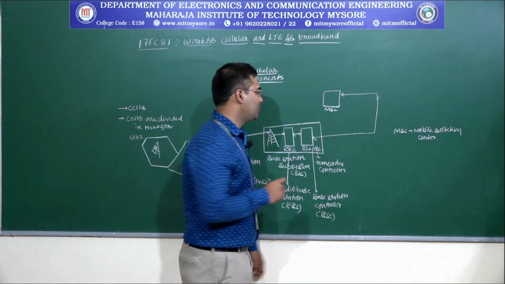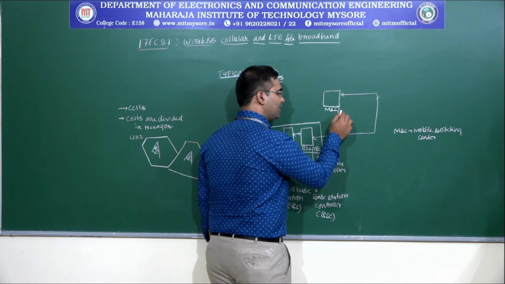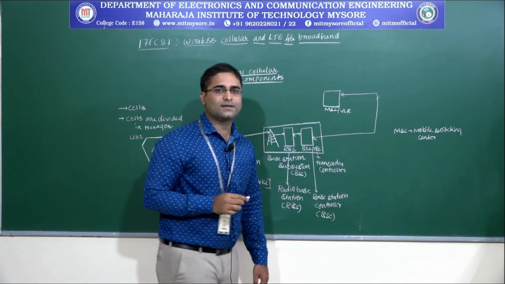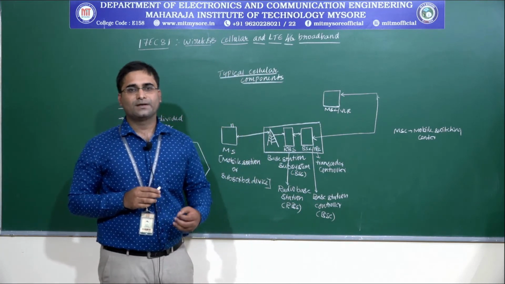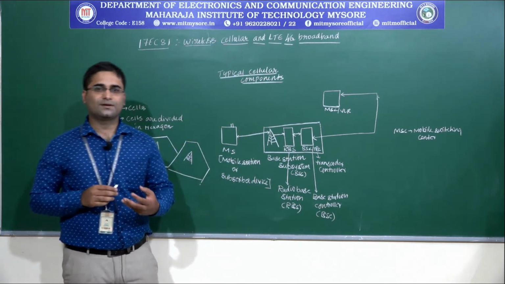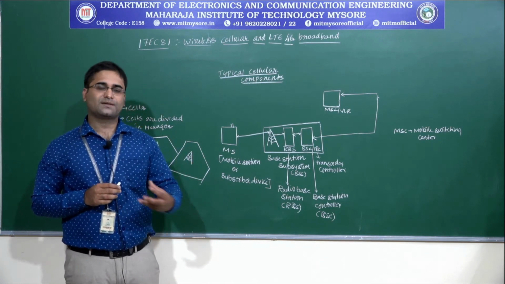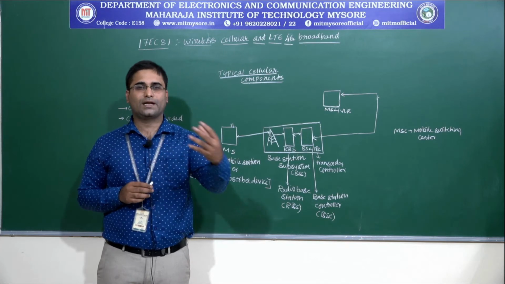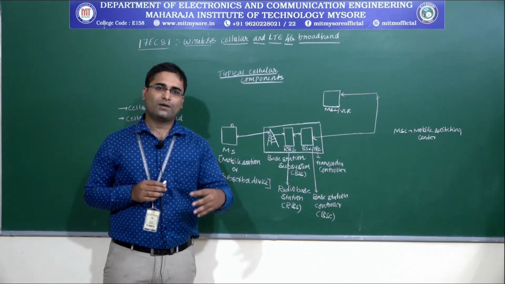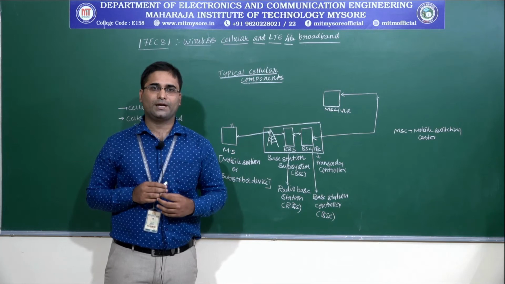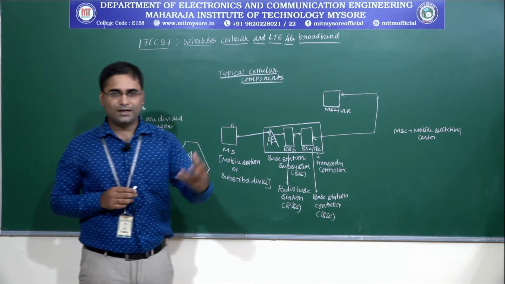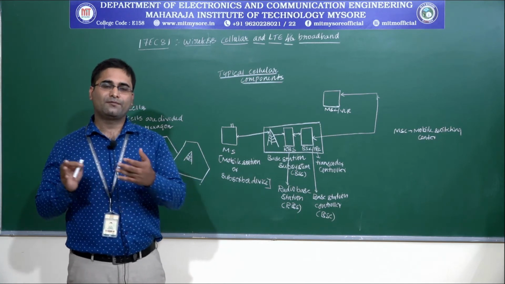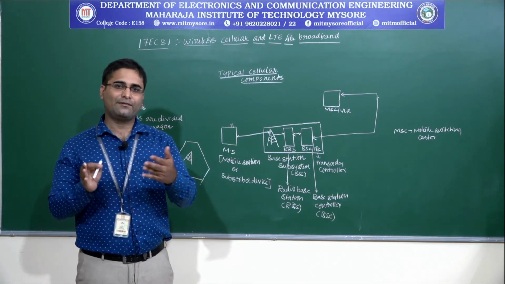And to this particular MSC, we have another register which is called the visitor location register. If the subscriber is moving from one location to another, or from one area to another, then the location of the subscriber has to be updated with the current area where he resides.